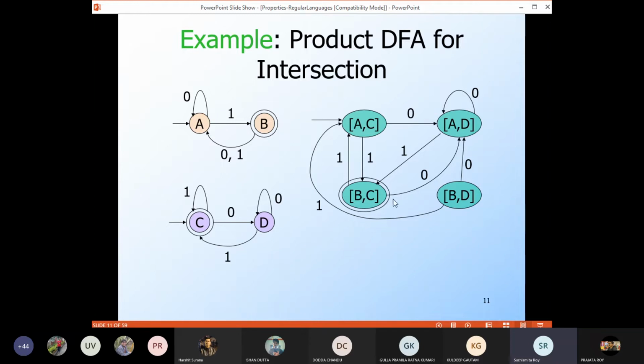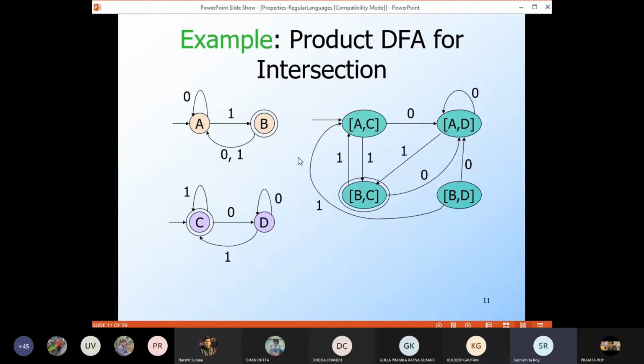So this BC is now a final state, and this product automaton simulates both the first automaton and the second automaton in parallel. For any given string, it is as if it will run it on the first automaton and also on the second automaton at the same time. And if it ends up in B for the first automaton and C for the second automaton, then it will end up in BC for this product automaton.